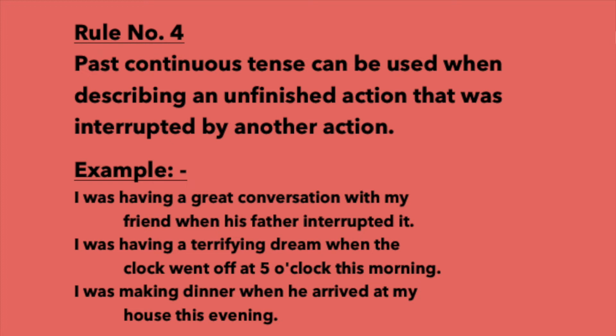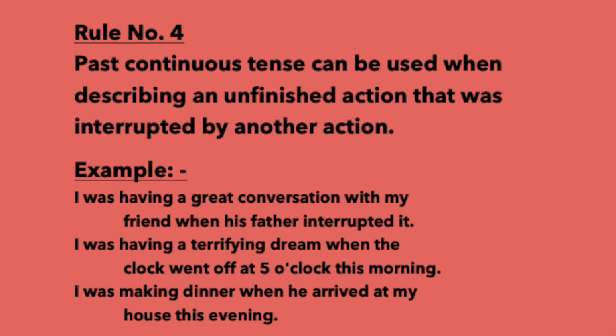Okay. See the next example. I was having a terrifying dream when the clock went off at 5 o'clock this morning. The unfinished action here is I was having a terrifying dream. The interrupted action is the clock went off. See one more example. I was making dinner when he arrived at my house this evening.